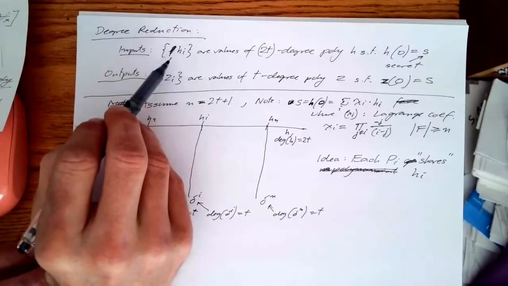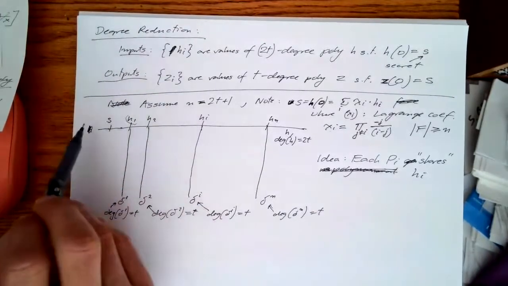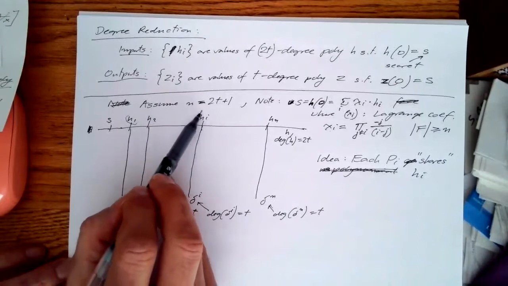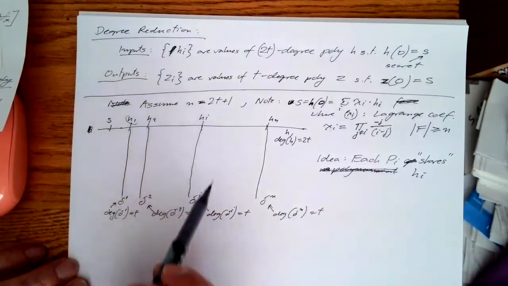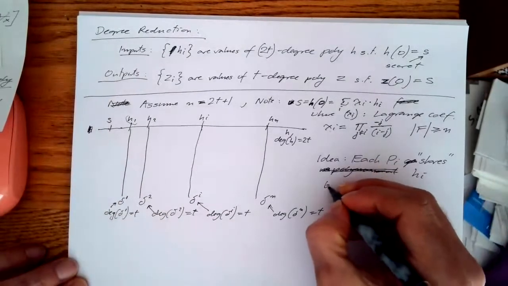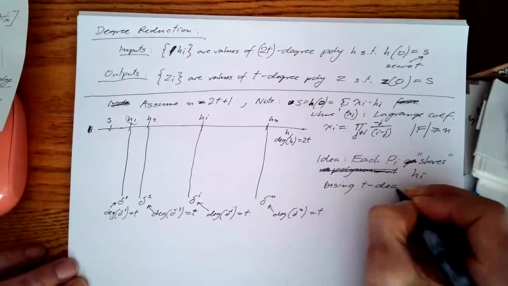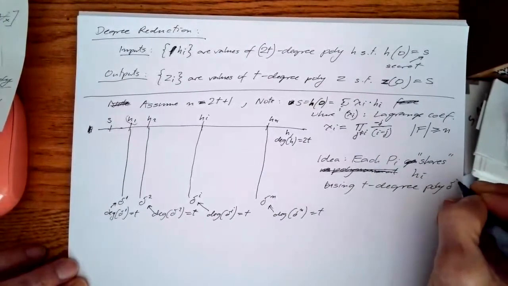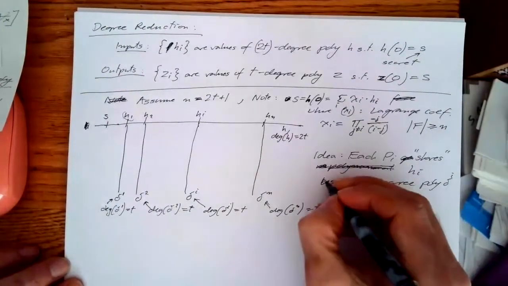They're sharing their share. hi is the share of S, which Pi possesses. What he will do with this share is secret share it by using a t-degree polynomial delta i.